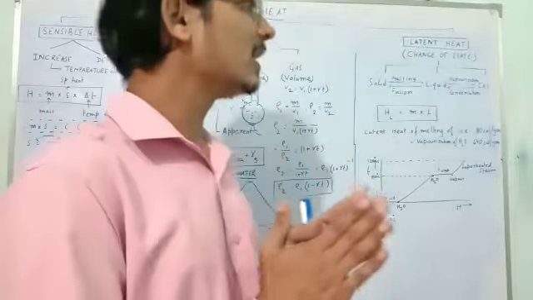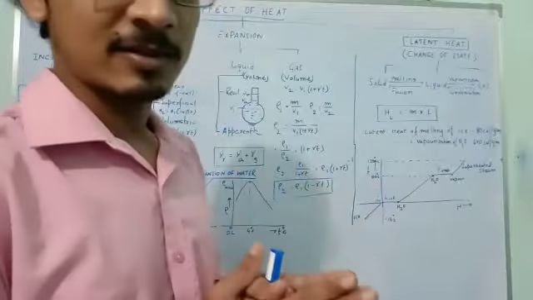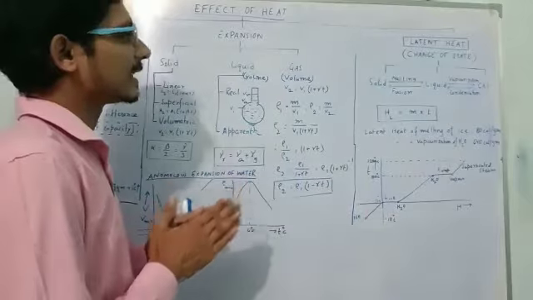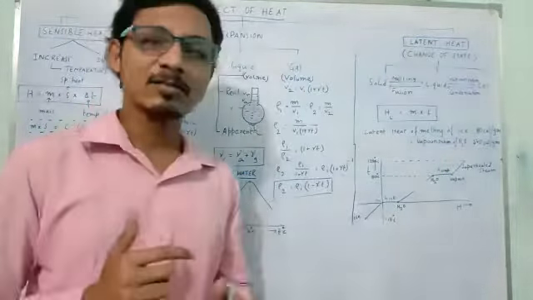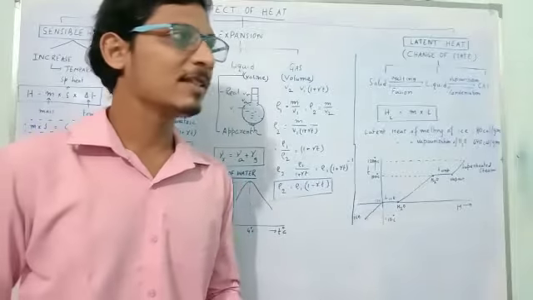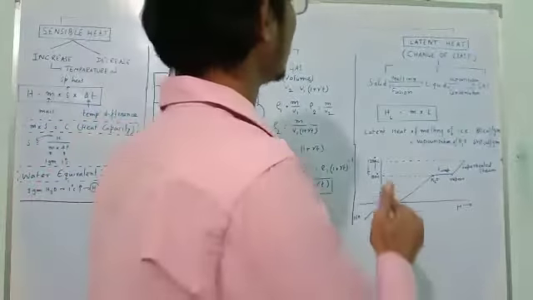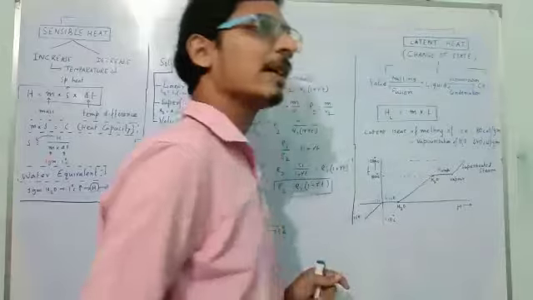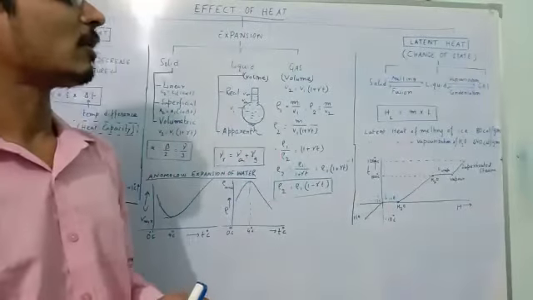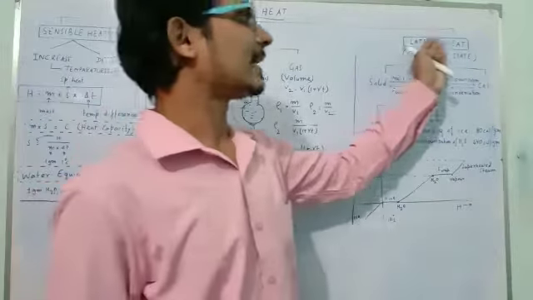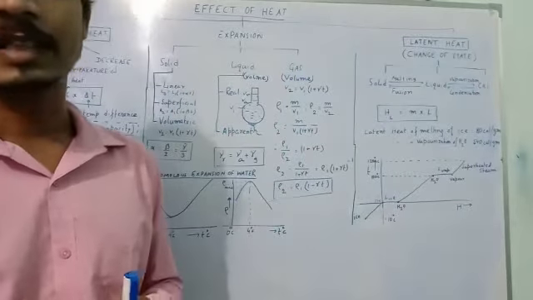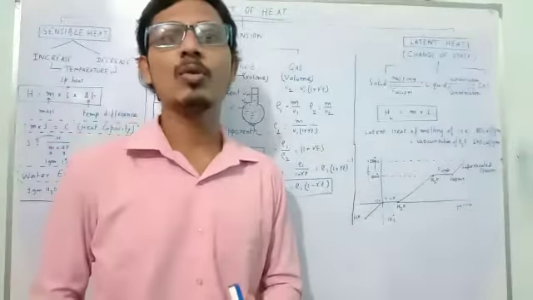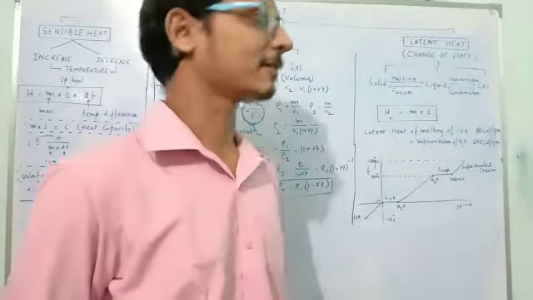We have three kinds of state of any material: solid, liquid and gas, and for the interconversion of the change of state, we need a certain amount of heat. That much amount of heat is called latent heat. Always remember that in the case of latent heat, there is no change in temperature.